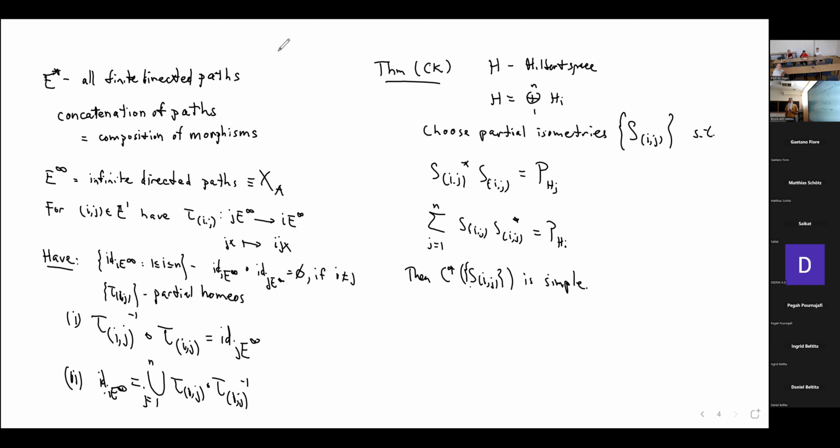But let me get back to what Jack was saying about this interpretation. Yes, it's very convenient when you write some properties to think about the directed graph as a small category, and then finite paths are morphisms and vertices are objects. Then many things become simpler. But it's not essential.